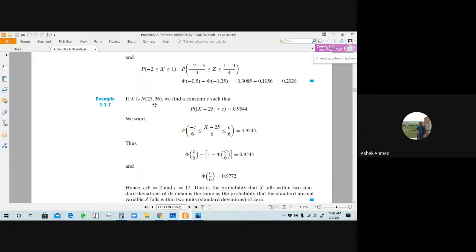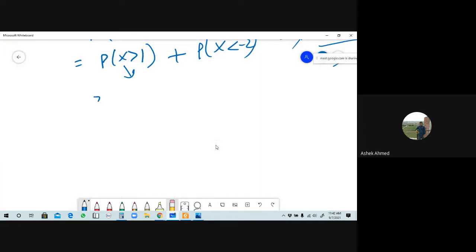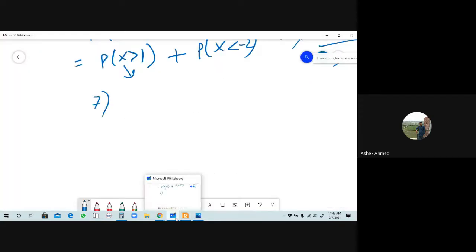From the example number 7, if X is N(25, 36), we find a constant c such that... In the example number 7, there is given X is N(25, 36).